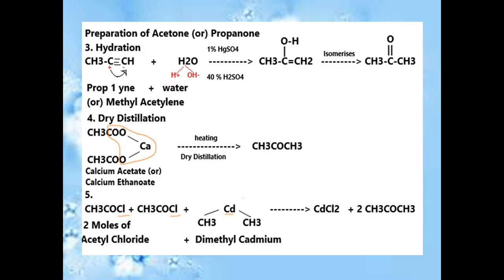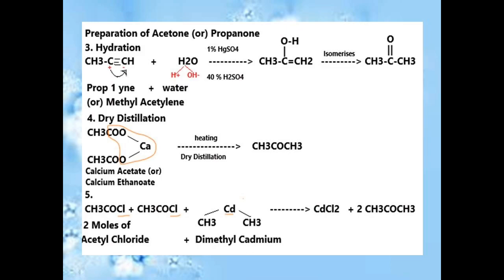So one of the carbon becomes negative and one of the carbon becomes positive in propyne, and H plus is added with the CH and OH minus is added with the C. So we get one type of compound. Here it isomerizes. How it isomerizes means the OH bond is cleaved, the hydrogen is added with the CH2, so that we get acetone.